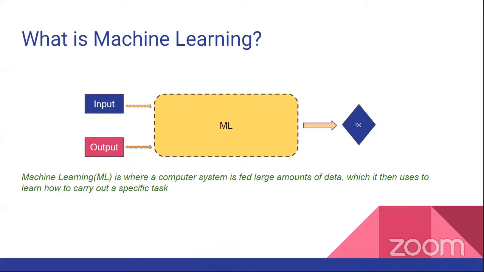So today what we are going to do is understand what happens inside this yellow box with the help of a couple of examples. Once we are clear with this, like what happens in this yellow box, how we generate this function that can create this output from this input, then we are good to go with artificial intelligence.